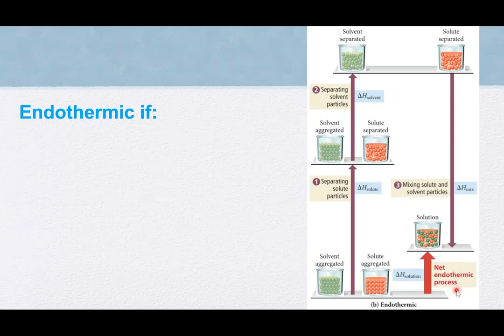At the end of the day, we would find ourselves having to put energy into this system to make it continue to happen. Okay, so this would not be a good investment if you were in the banking world. So put money in, we get a little return on our investment, but when we calculate it at the end of the day, there was a net loss. We put more money in than we got out.